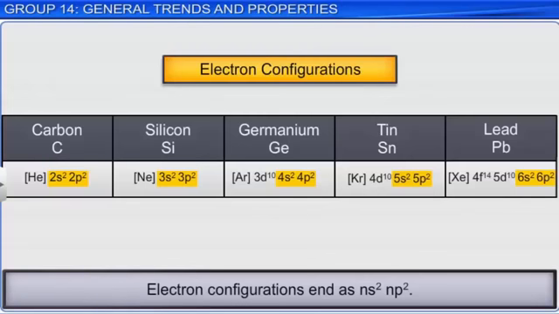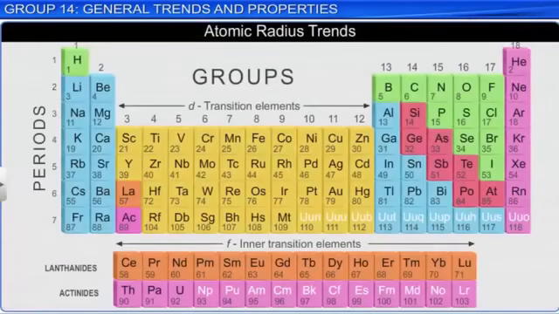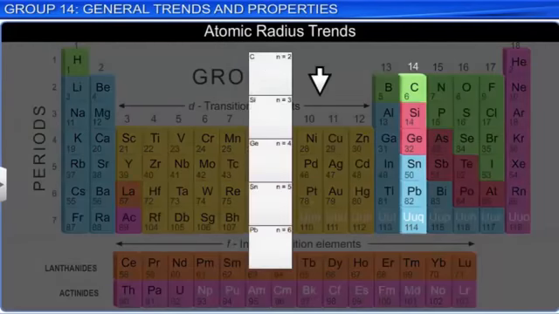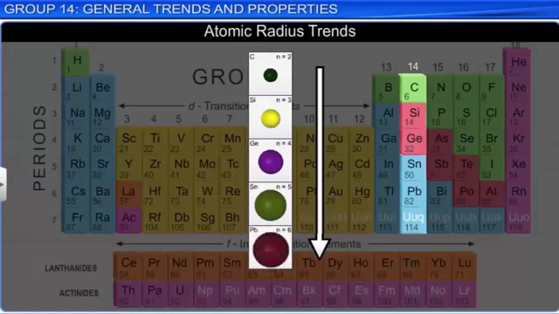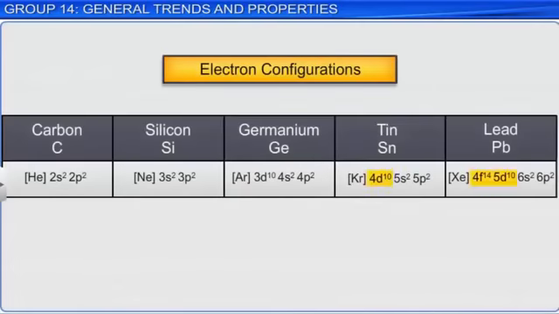In general, atomic radii increase down a column, and this pattern is observed for the group 14 elements too. The increase is substantial from carbon to silicon, but it is less pronounced from silicon down to lead. The slower increase from silicon to lead is a result of the completely filled D and F sublevels in the heavier family members.